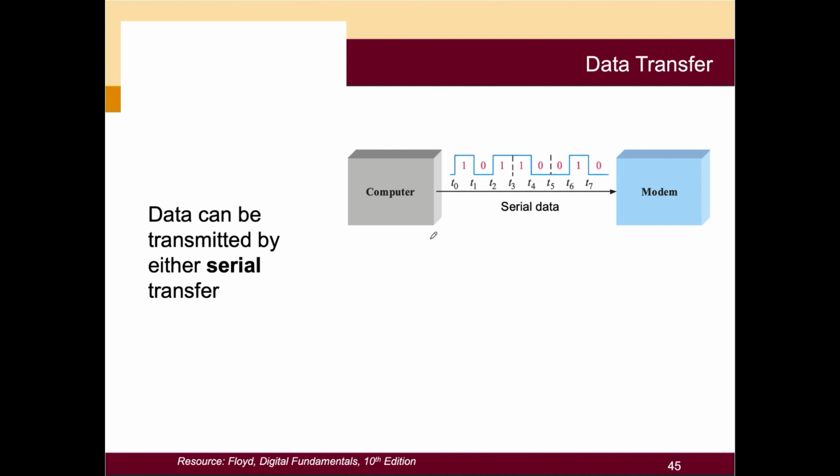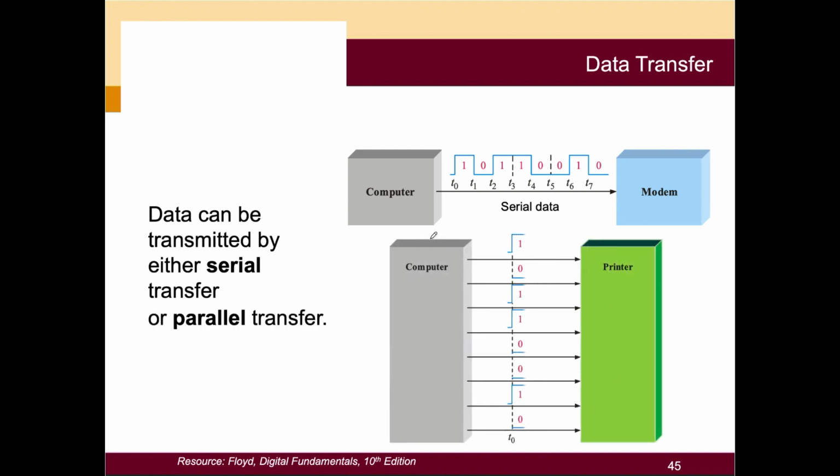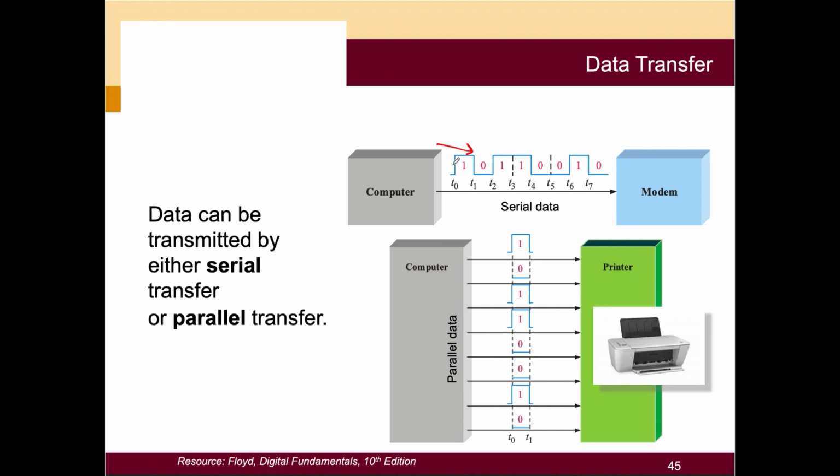And about data transfer, basically your computer just understands the digital wave, isn't it? So you will have 0, 1, 0, 1, 0, 1. That data can be transmitted by either serial transfer or parallel transfer. In this form, which is serial, you have 1, 0, 1, 0, 1, 0, 1, 0. Or parallel data, where you have 1, but in parallel you will send it with 0, 1, 1, 0, 0, 0 all together at one time.